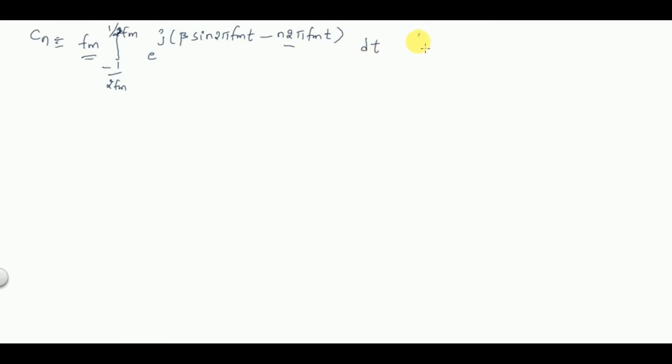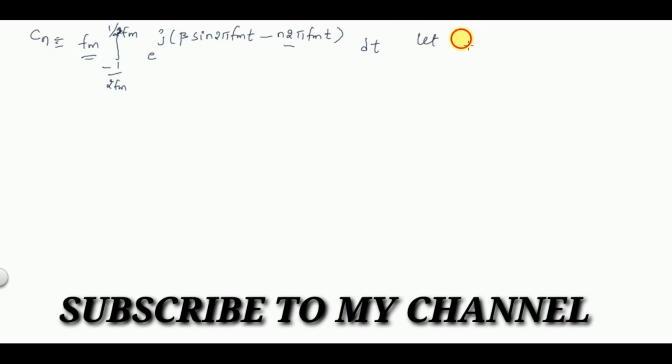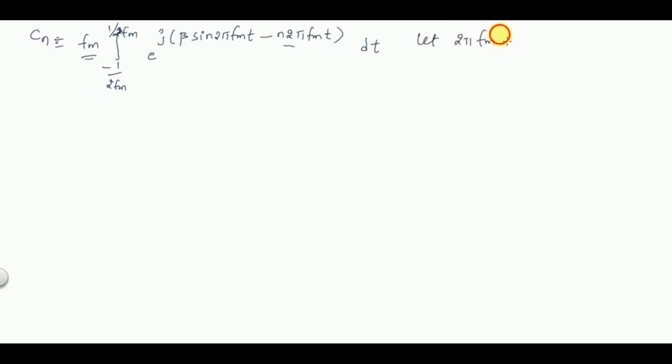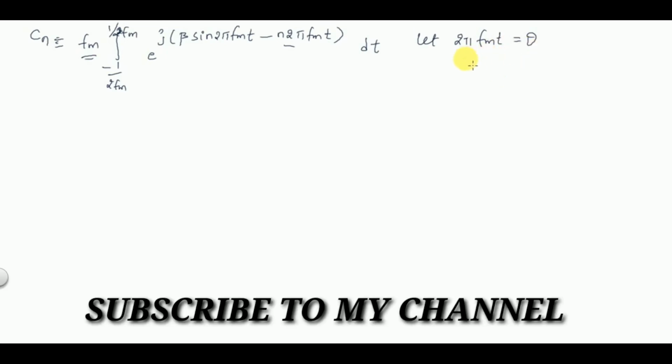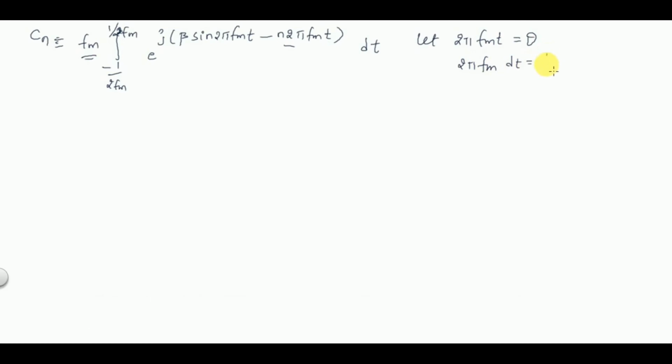In the above expression, let 2 pi FM into t be equal to some value theta. Then 2 pi FM into dt is equal to d theta, so dt is equal to d theta by 2 pi FM.